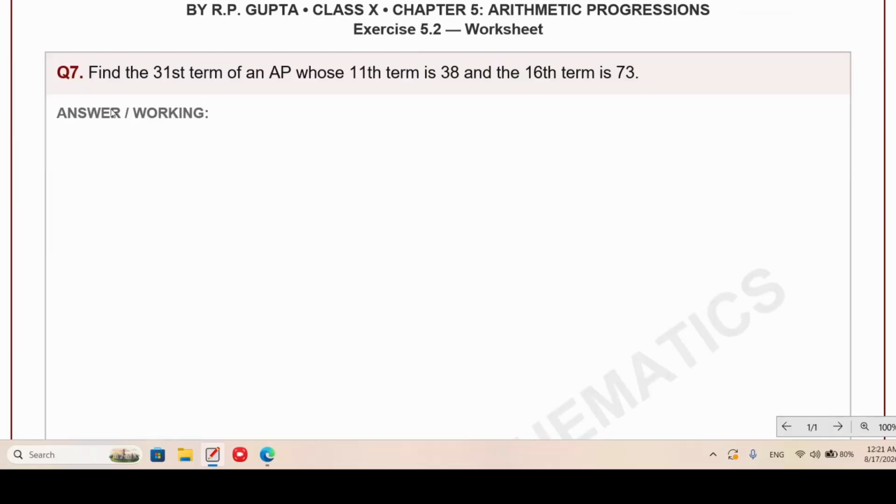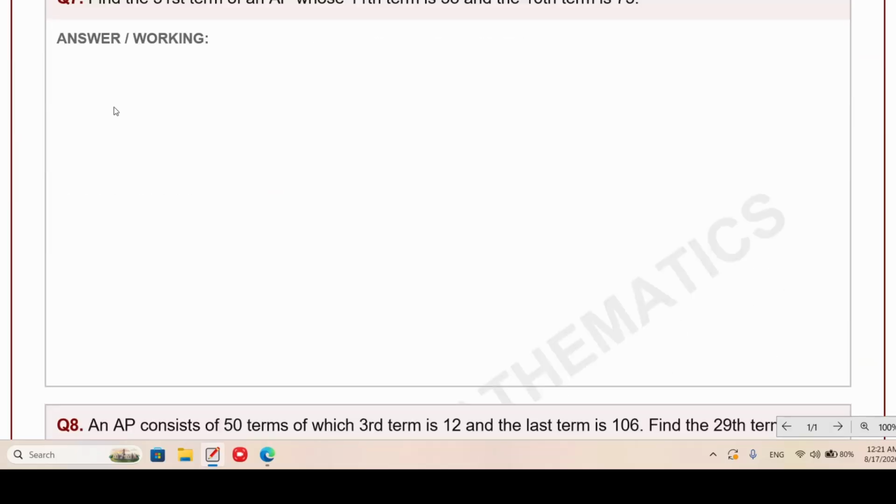Now question number 7, what it says, find the 31st term of an AP whose 11th term is 38 and 16th term is 73. This type of question always comes in your paper. Okay, the 31st term you need to find out, means A31 is equal to question mark. Now the 11th term is 38, means A11 equals 38, right?